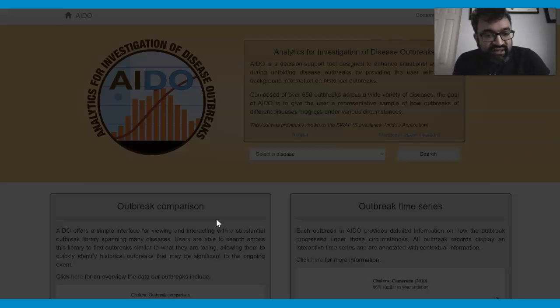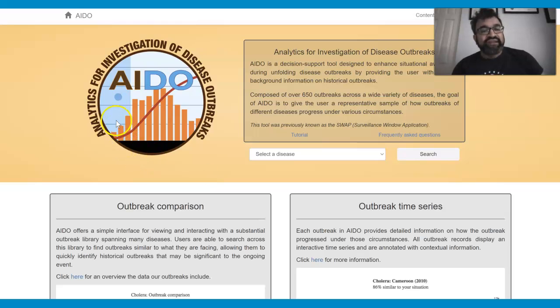So this is Analytics for Investigation of Disease Outbreaks. It's again a web-based app. It's a decision support tool, and it is designed to enhance situational awareness during unfolding disease outbreaks.